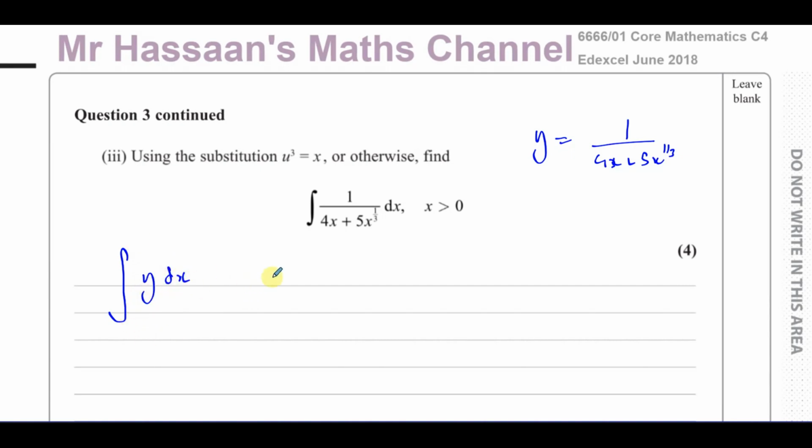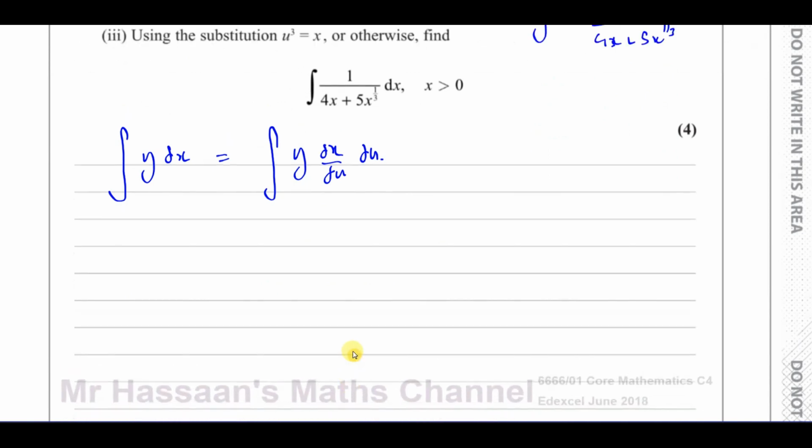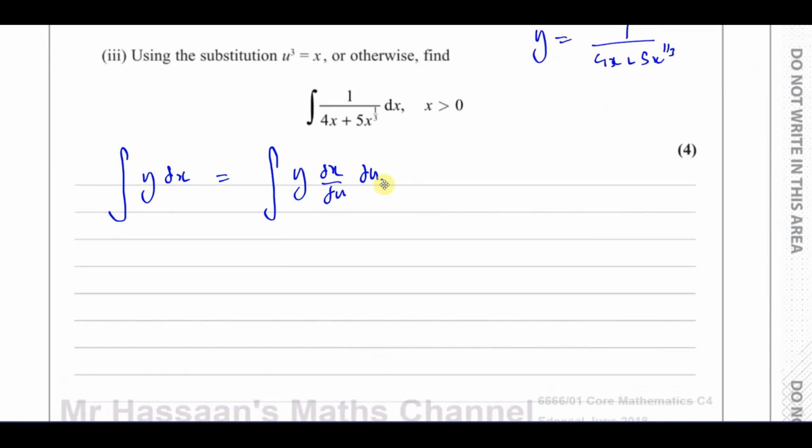Here we don't have any limits, so our answer is going to have to be expressed in terms of x in the end. But in order to use substitution, I have to put y dx/du. So I have to change everything in terms of u. If there were limits here, I would have to change the limits in terms of u as well. But as there are no limits, I don't have to worry about that.